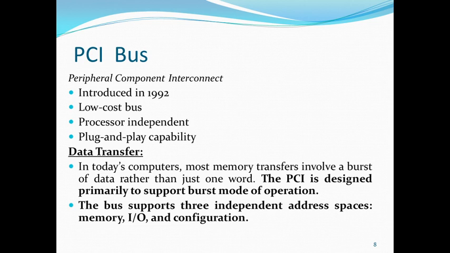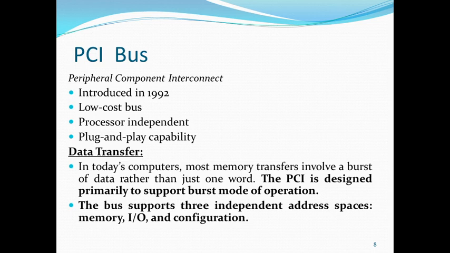When the processor specifies an address and requests a read operation from the main memory, the memory responds by sending a sequence of data words starting at that particular address.